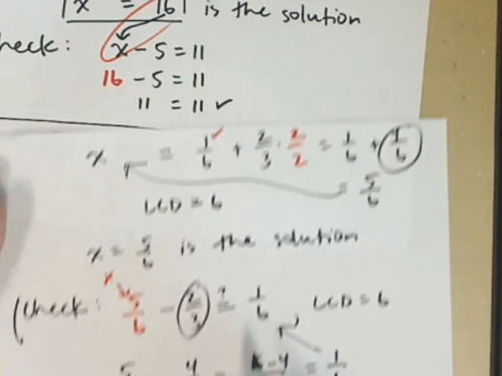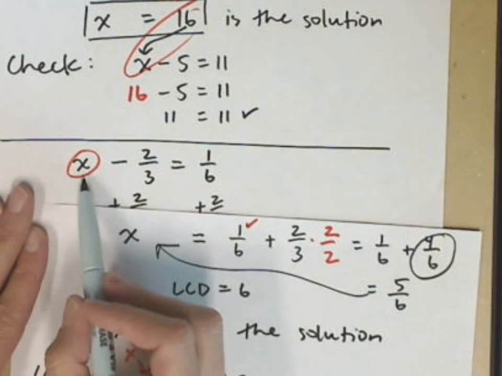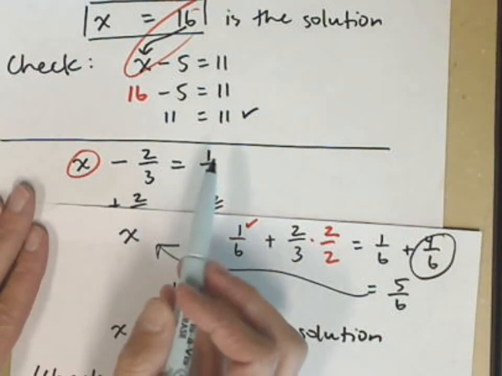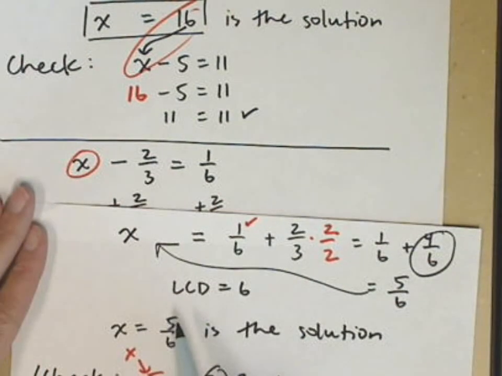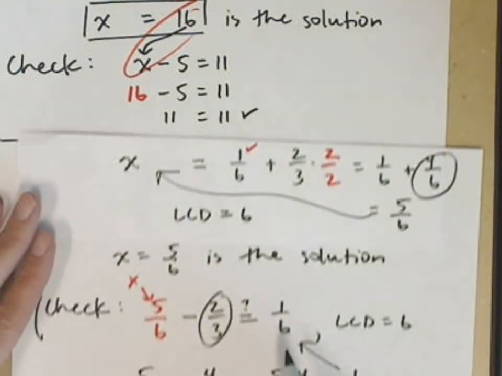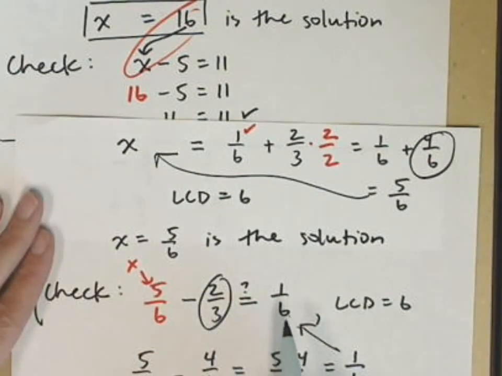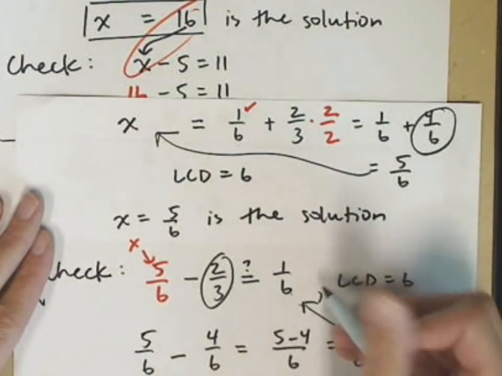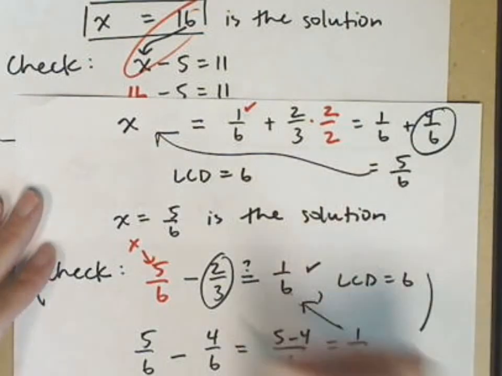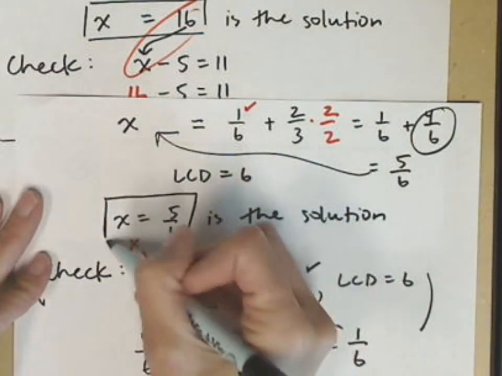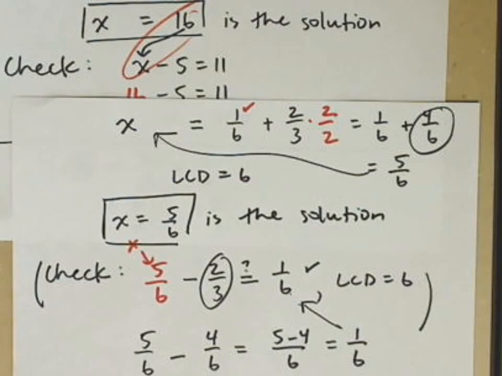So is my answer minus 2/3 equal to 1/6? Yeah, it is. 5/6 minus 2/3 does equal 1/6. So we were able to check our answer, so we would now state that 5/6 is the solution.